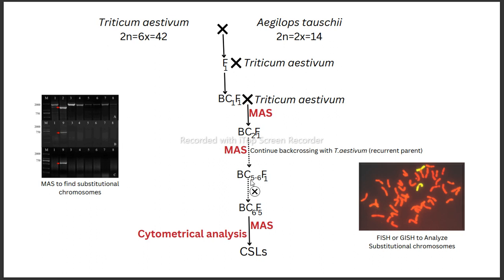So after attaining a higher level of backcross population, we will perform selfing, because we want to fix the genetic material that we have attained from Aegilops tauschii. So for creating homozygosity in our germplasm, we will perform selfing, and we will develop the backcross 6 population with F5, because multiple selfing will be performed.